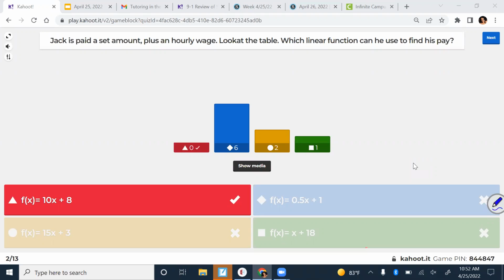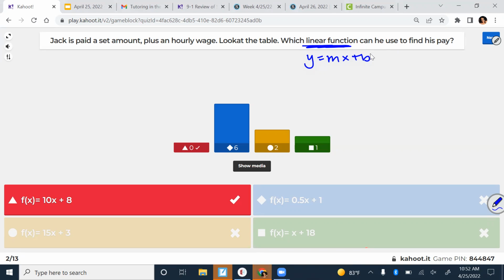So trend lines are all linear functions, meaning they're in what form? Anyone remember? Linear functions? No, there's a specific formula. Good. Y equals mx plus b are for our linear functions. Standard form is like a different variation of that, but slope intercept form is what we're looking for.